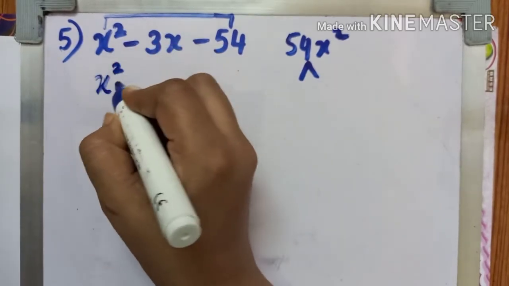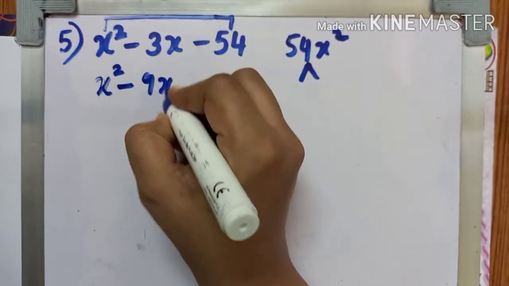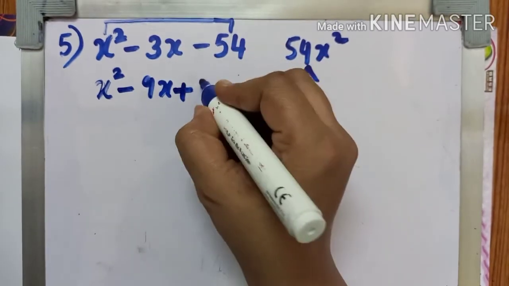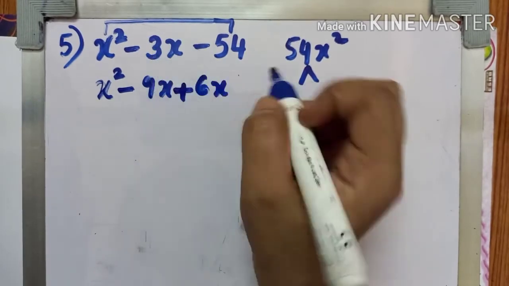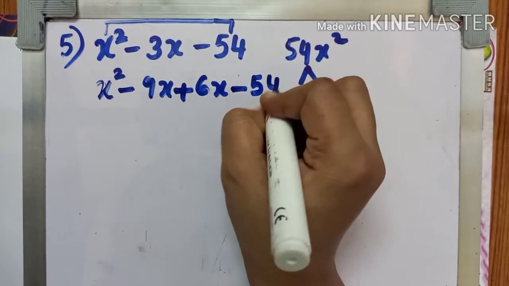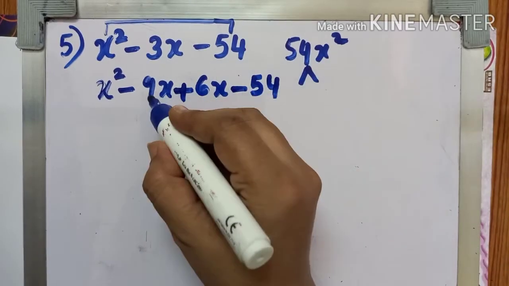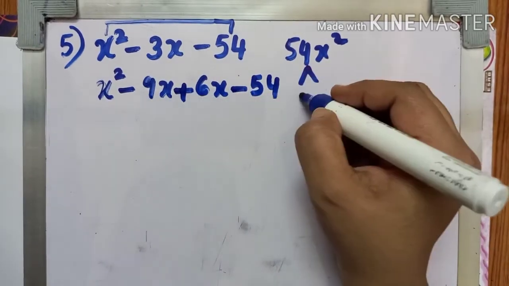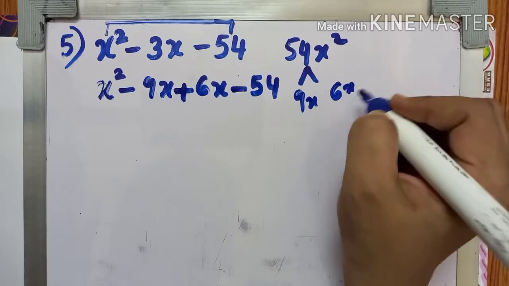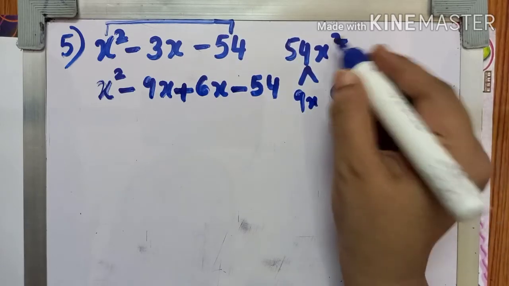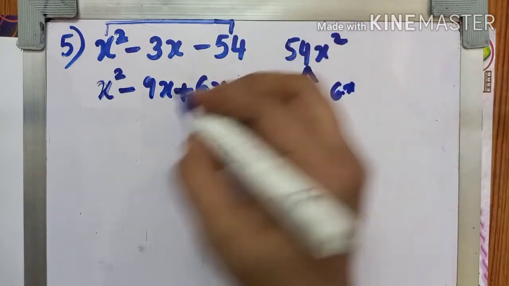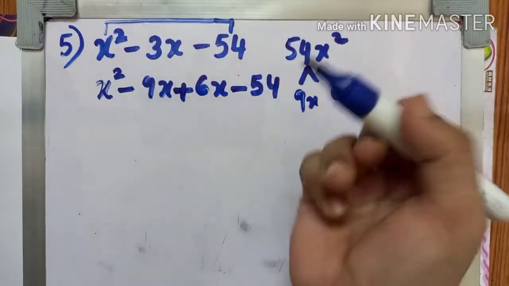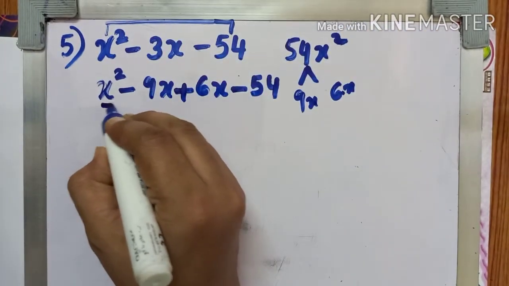So x square minus 9x plus 6x, then minus 54. Now also, minus 9 and plus 6, 9 6s are 54, and x into x will be x squared. So for this also, when you're multiplying you get this one, and when you're adding or subtracting you get this one. So this is how you have to do it.